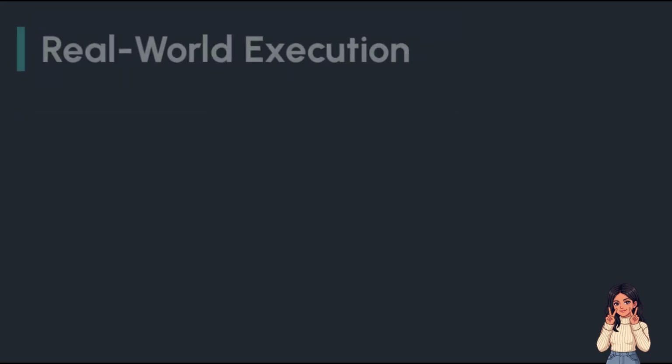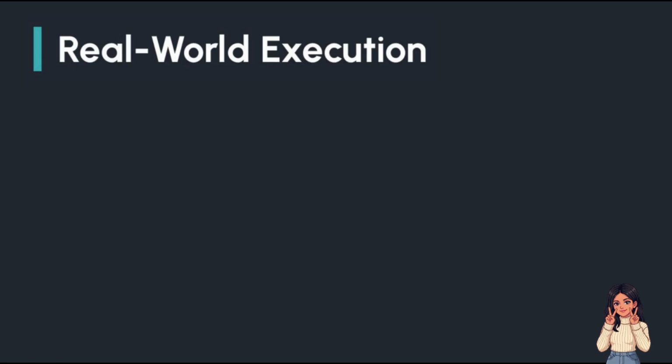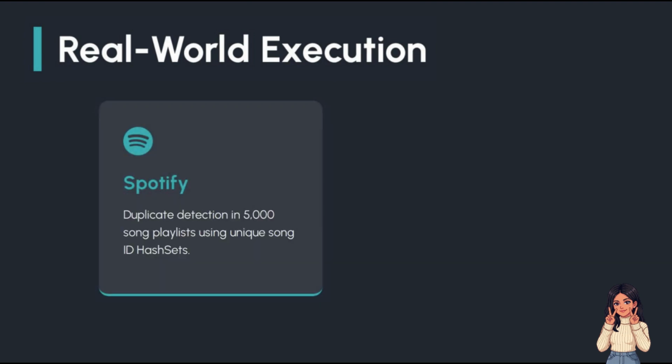Look at how the software platforms you use every single day lean heavily on this pattern to avoid crashing under massive user loads. Spotify's duplicate detection. Imagine you have a playlist with 5,000 songs and you try to add another track. Spotify doesn't launch a slow sequential loop to scan every individual song one by one just to see if it is already in there.